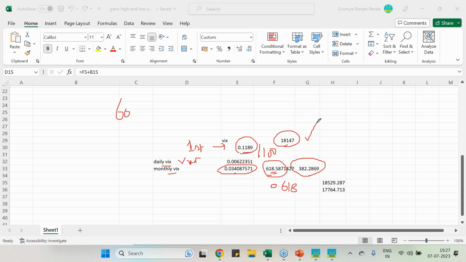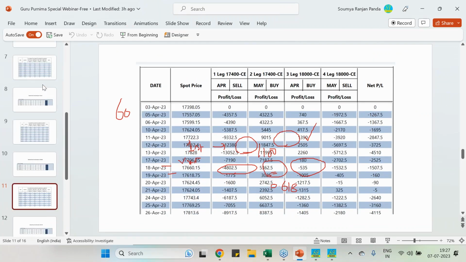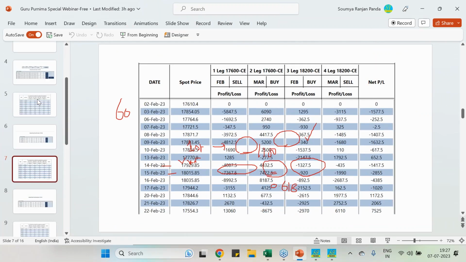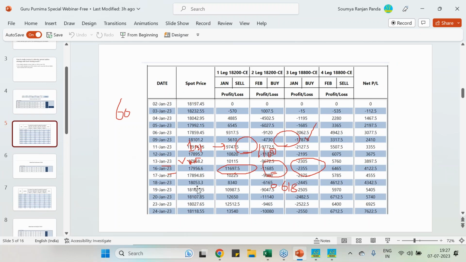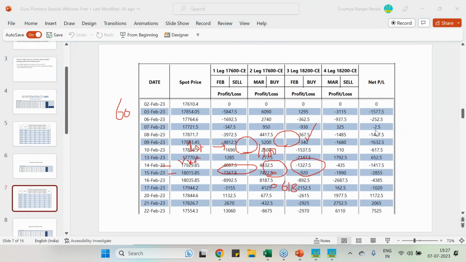So I will wait for 382 points of move to happen in either direction to initiate this strategy. अगर ये करते हो, if you do that, what happens? Some months profit came, some months it did not, so whatever happened here, you have seen from January to June, few months you got profit, few months you did not, but if you do this, all months you will get profit. वही तो चाहते हो आप.